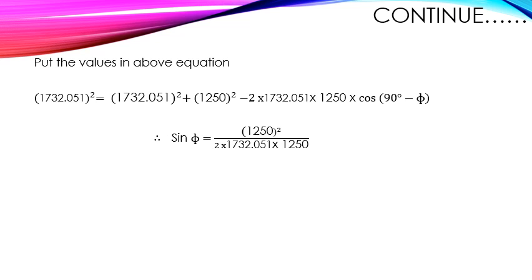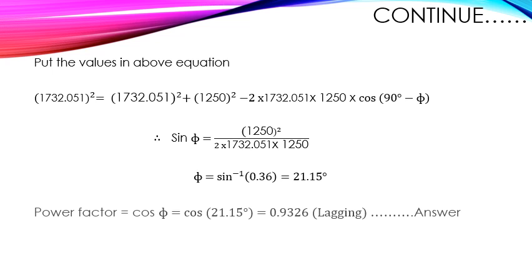First we'll get the sine phi and then take the sine inverse of that. So the angle phi is equal to 21.15 degree. Then using that we can determine the power factor, that is cos of phi, and that is 0.9326 lagging. So this is the answer.